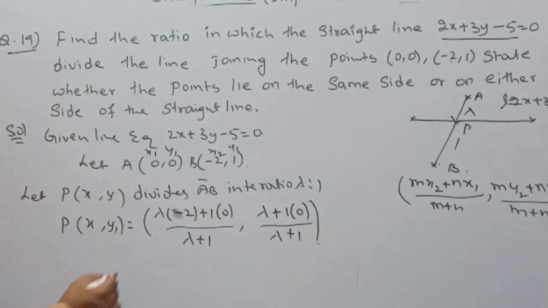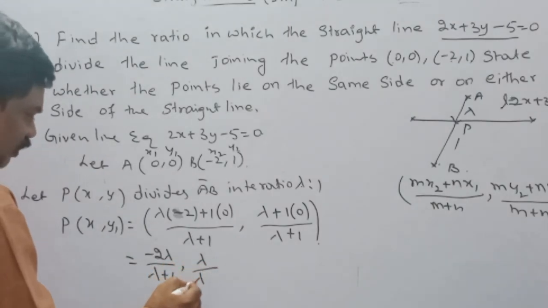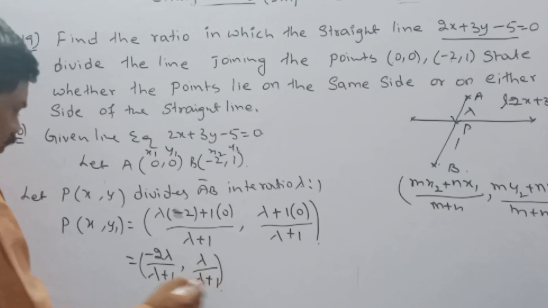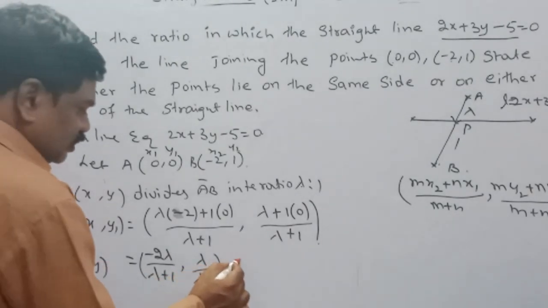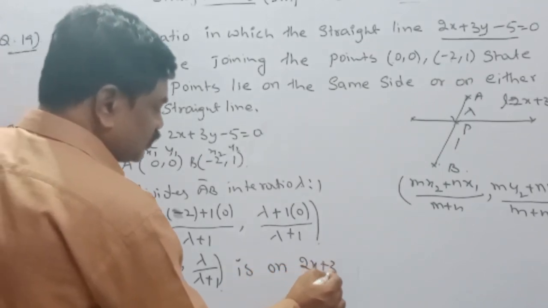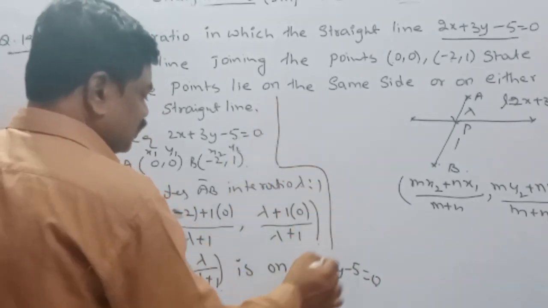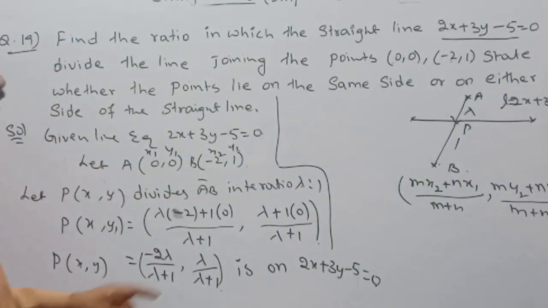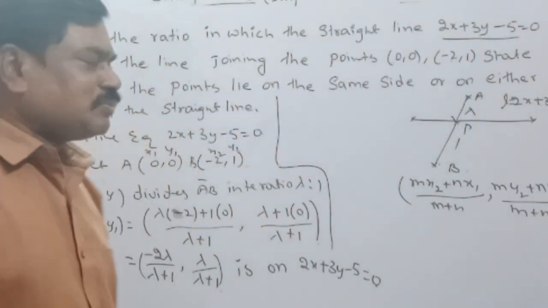So here you can write P as minus 2 lambda by lambda plus 1 comma lambda by lambda plus 1. This point P is on the given line 2x plus 3y minus 5 equal to 0.